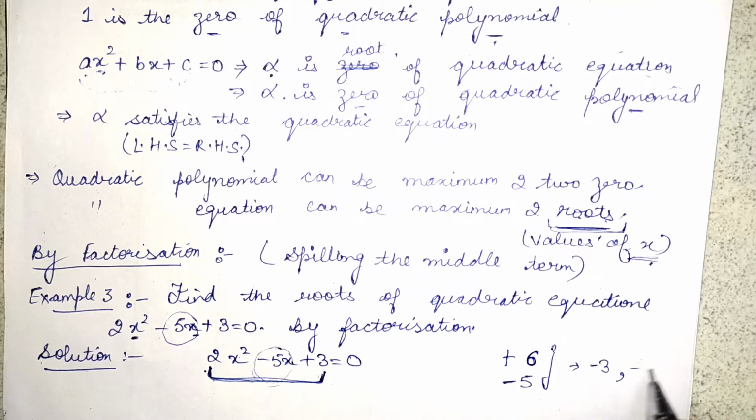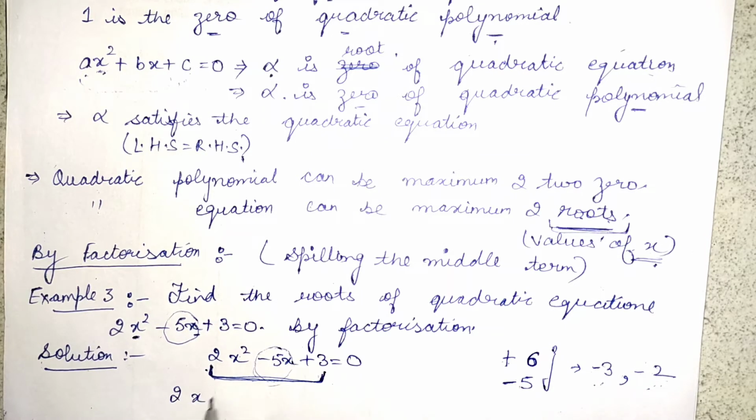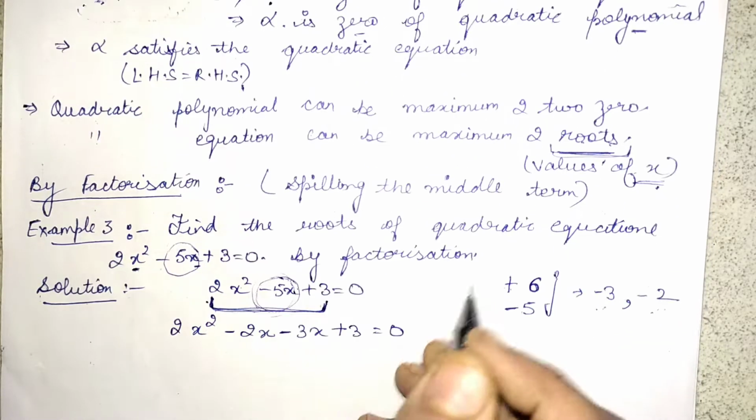Minus 3 and minus 2, because if I multiply these two values I get plus 6, minus and minus become plus, and if I add these two values I get minus 5. So I write these two values here: minus 2x minus 3x in place of minus 5x. Minus 2x minus 3x plus 3 equals to 0.